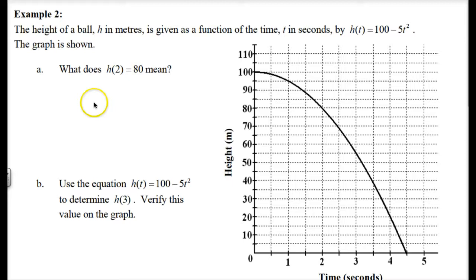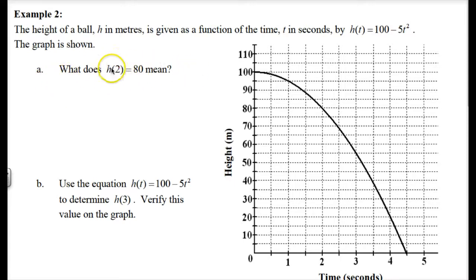Example 2. The height of a ball h in meters is given as a function of time, t in seconds, by h of t. The height as a function of time is 100 minus 5t squared. The graph is shown. What does h of 2 equals 80 mean?